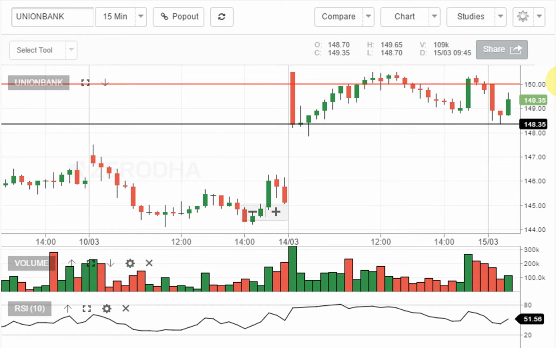Okay, so we'll be waiting for the 150 level. But let's see what happens with BPCL. BPCL. Okay, again moved out. No issues. We'll just wait.